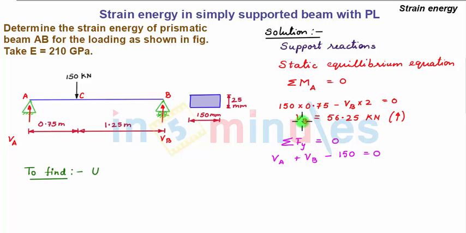Upon substituting the value of VB, we have VA plus 56.25 minus 150 equal to 0. Upon solving this, we get the value of VA as 93.75 kilonewton, which is positive. So again, the vertical support reaction VA is upward.